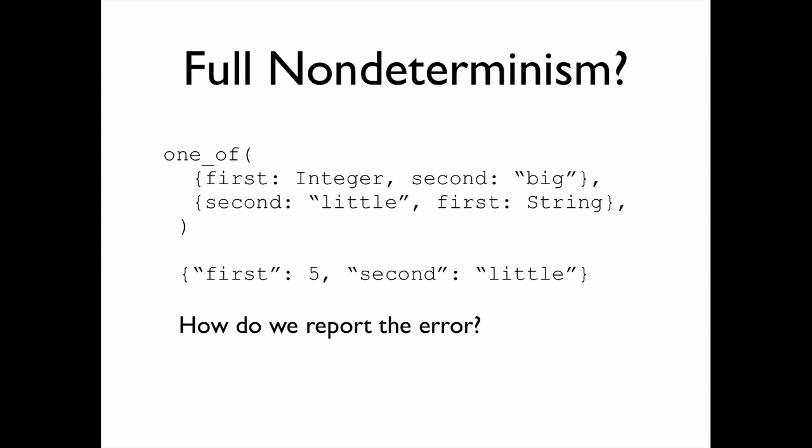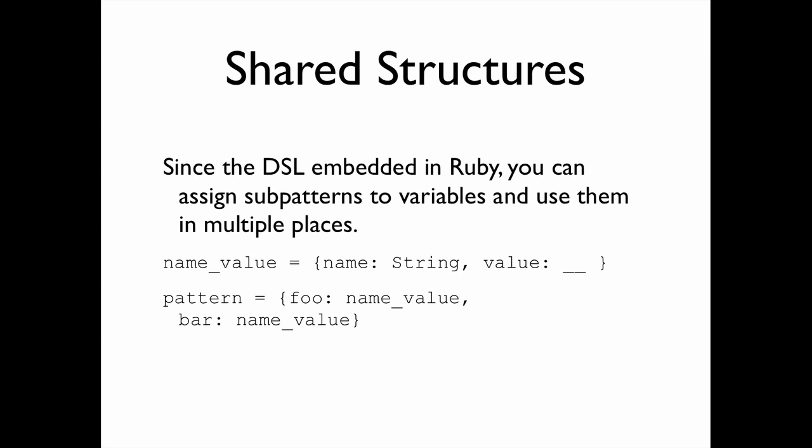So what if we wanted absolute full non-determinism? We run into a problem of how we can report the error. We have both first and second, so it's not clear which case to dispatch. So this is a good reason to just look at the first key-value pair.